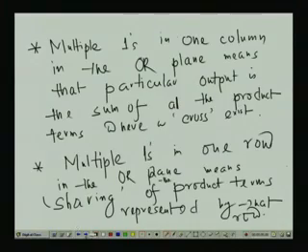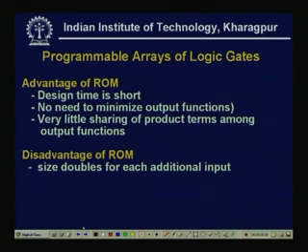Now, for ROM, because this is a storage type of thing, for a particular number of inputs, all possible output address lines should be there.